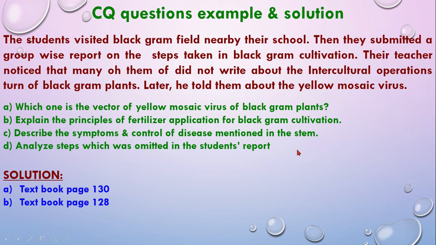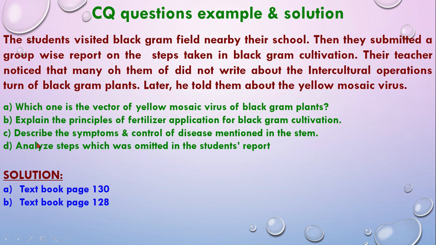I already explained this one. You can get this answer on page number 128, and there are three principles. All the fertilizer should be applied during final land preparation. Urea fertilizer is not necessary if biofertilizer is applied. And the last one is that for per kg seed, 80 gram biofertilizer should be applied.